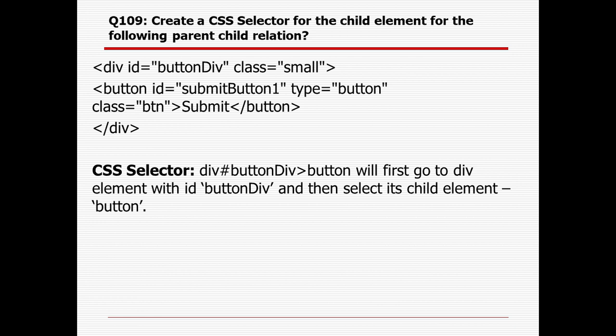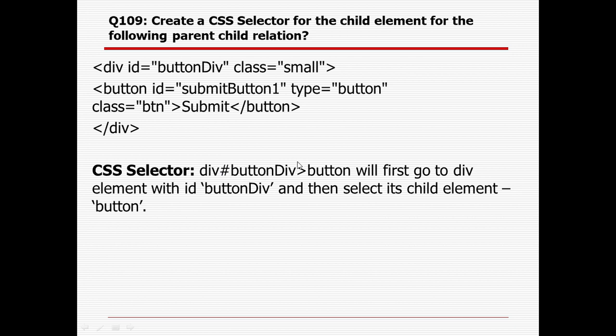How can we create an XPath selector for the child element? Here you can see the parent element is a div, and under the div there is a button. First we need to create the XPath for the parent element using the tag name and the ID. So I'm first creating div, the tag name is div, which has an ID equal to button div.